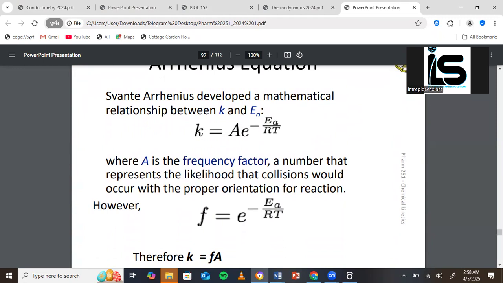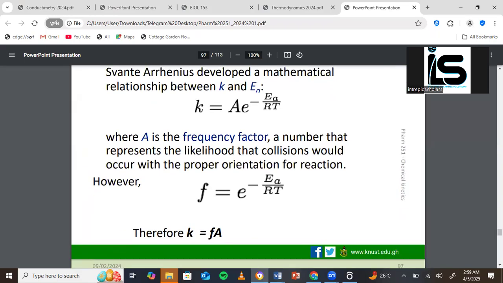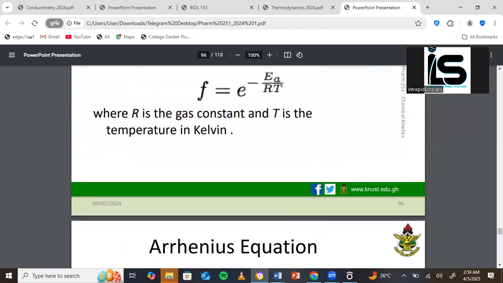The Arrhenius equation shows us the mathematical relation between K and the activation energy, and it states that K is equal to A exponential of minus EA over RT. Now, the exponential of minus EA over RT is equal to the fraction F stated above.